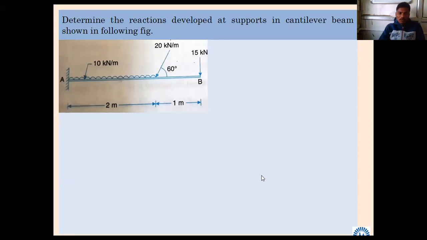Fixed. For a cantilever beam, you always remember, as it is supported at one end, it is always having a fixed support. Okay. Please see the problem carefully. We will start immediately.